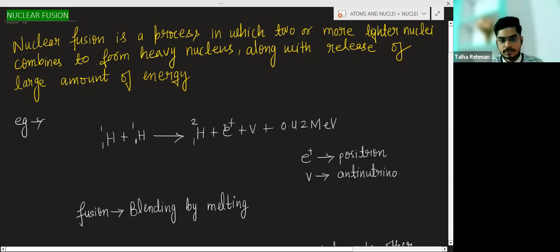Along with this, a positron is released and one antineutrino is released, and the energy of 0.42 mega electron volt will release. Fusion means combining by melting, blending by melting, you can say.